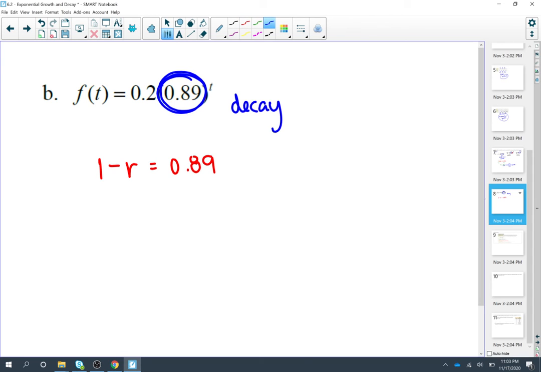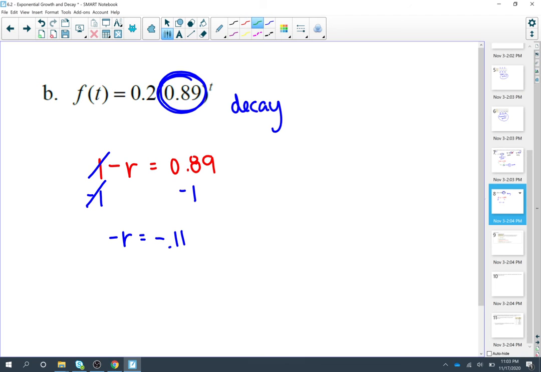So here I'm going to subtract 1, which, be careful, is going to leave you with a negative r. Then if we take 0.89 minus 1, we're going to get negative 0.11.